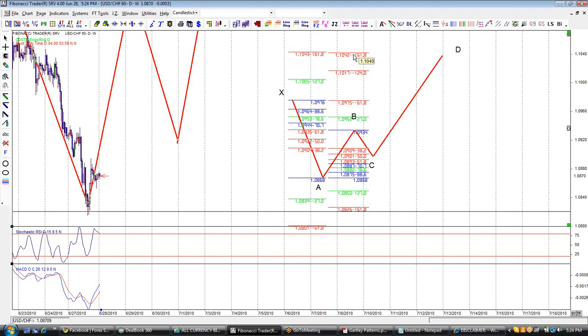It can be 3618, it can be 224. But basically the convergence is from the main swing, XA needs to be 1618, and then the subswing can be either 1618, 2618, 3618. It can also be 224. Here on my charts, you guys see it as 124, but this is actually 224.